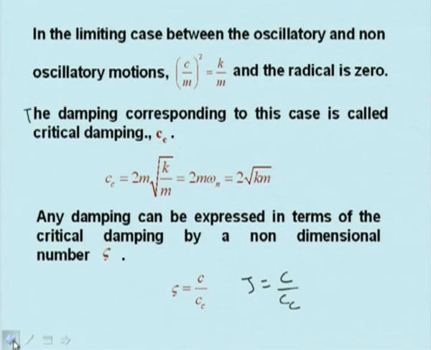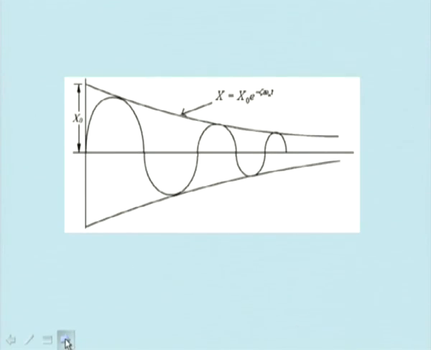Now if there is zero damping, zeta is 0, then x is equal to x0, that means the amplitude remains constant.